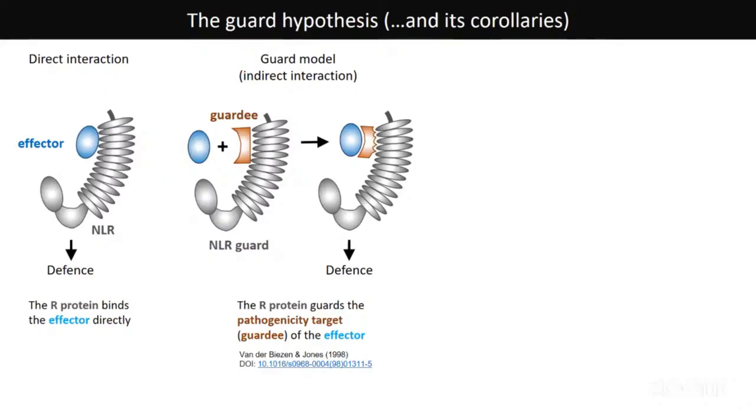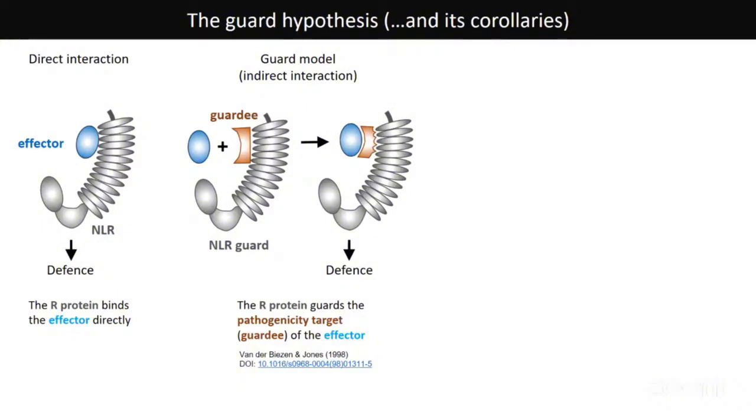And in this model, the effector is not recognized directly. The effector is interacting with a pathogenicity target, which is shown in orange, and the immune receptor is guarding this pathogenicity target and can detect modification on the pathogenicity target imposed by the effector.